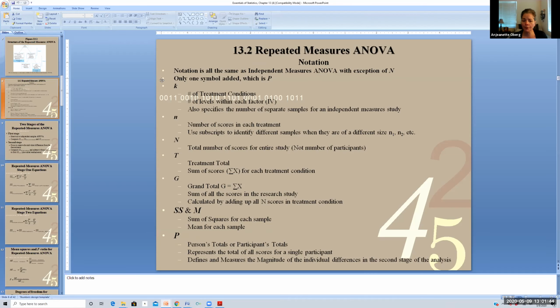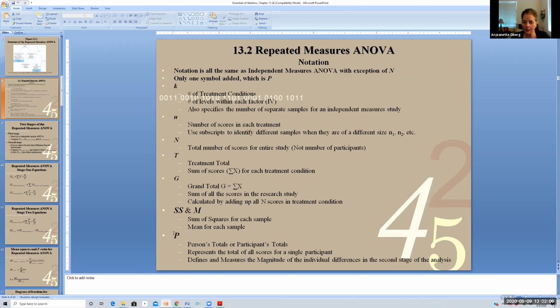You do have pretty much all of the same notation that we introduced to you in independent measures, with one exception. We're talking about now P. When we talk about P, we're talking about a person's total.